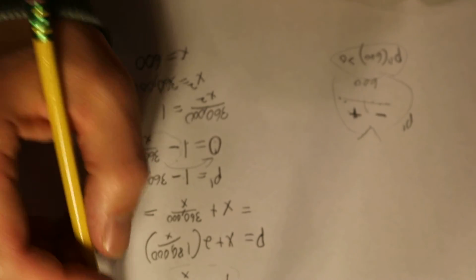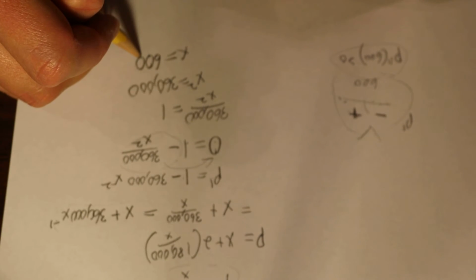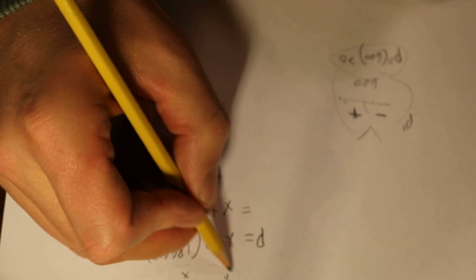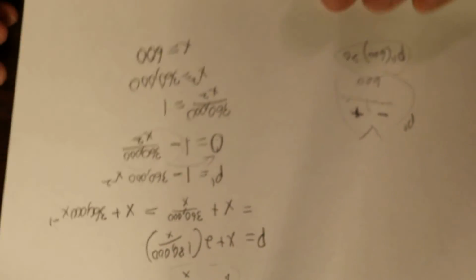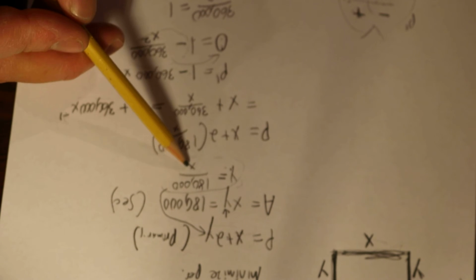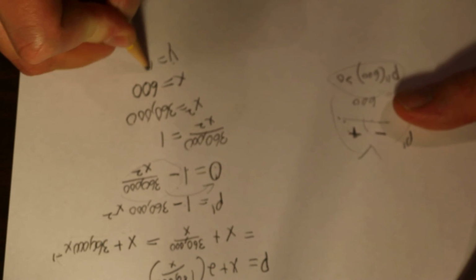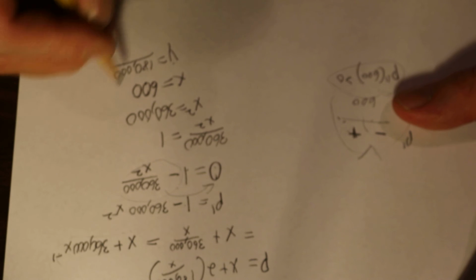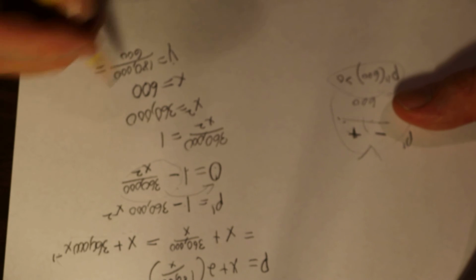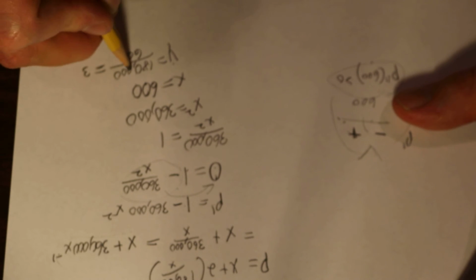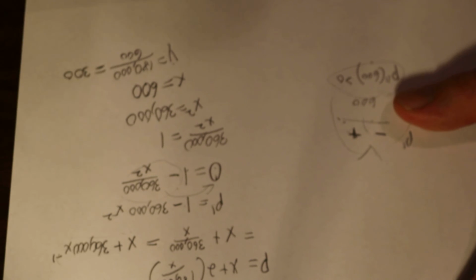We are looking for the dimensions. Well, we've got the x value. To get the y value, we can go back to the secondary equation. y equals 180,000 over x. That means now y equals 180,000 over 600. 18 over 6 is 3, and 2 zeros gives you 2 zeros here.